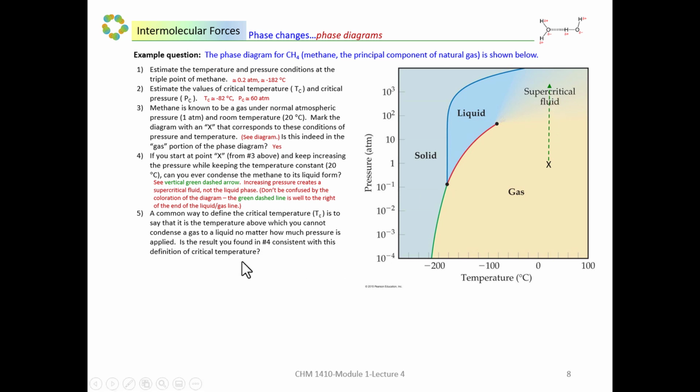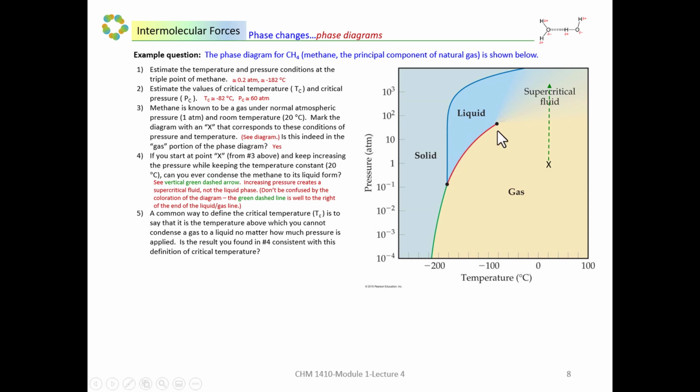Now, a common way to define the critical temperature is to say that it is the temperature above which you cannot condense a gas to a liquid, no matter how much pressure is applied. Is the result that we found in number 4 consistent with this definition of critical temperature?